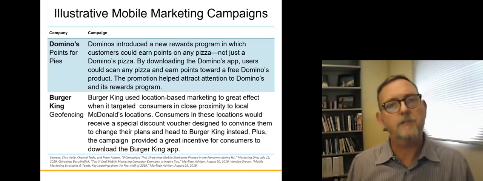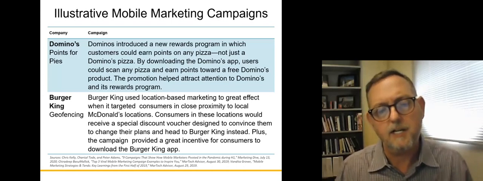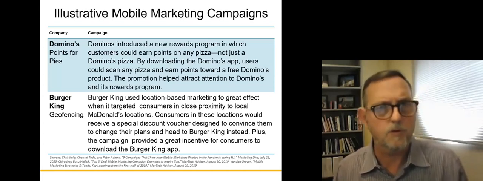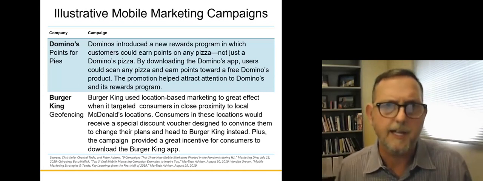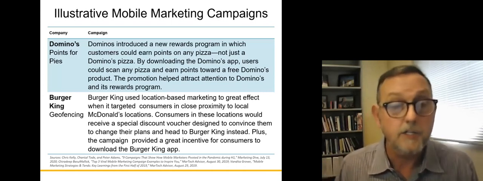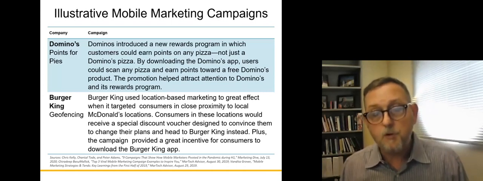So that's an interesting use of an app, digital technology to integrate a loyalty program, but also achieve some customer-centric goals that they have. Okay, Burger King, here's a second example.